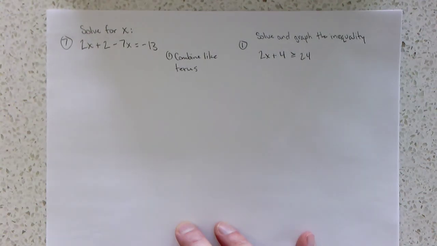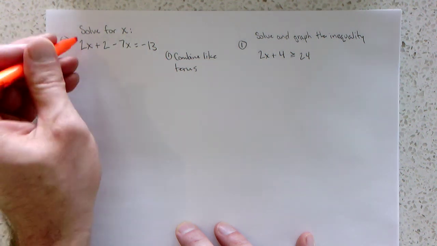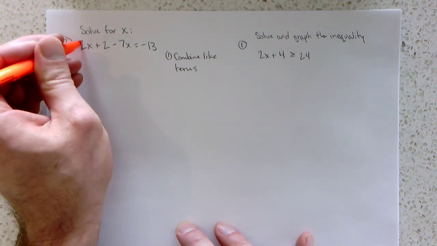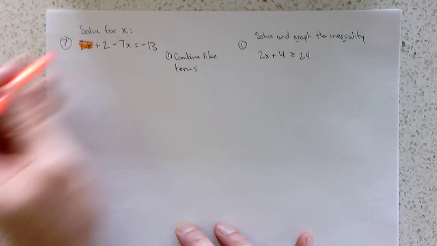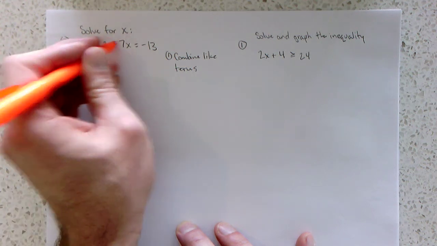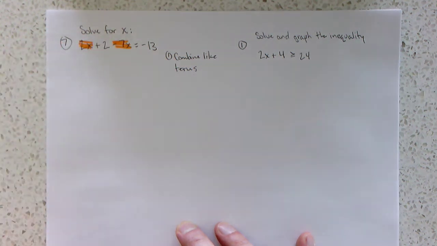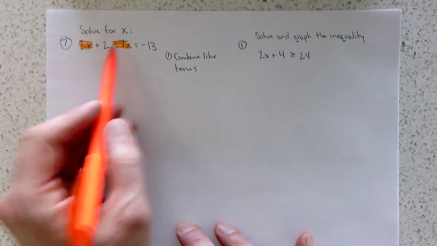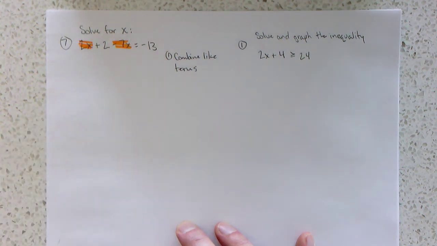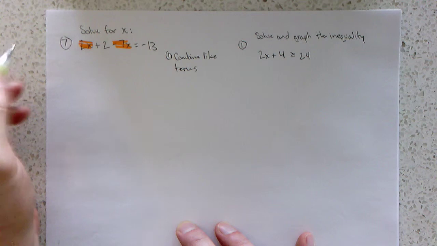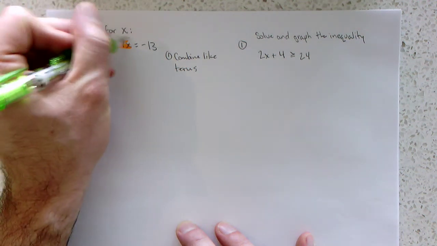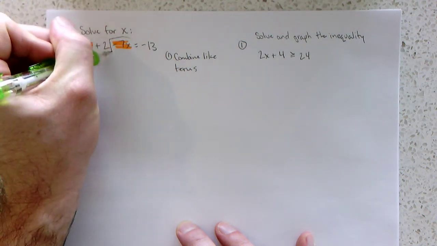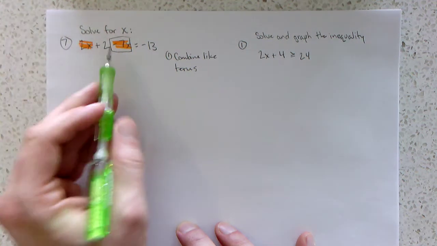So when I see like terms, again, I'm looking for any term that is the same. So my 2x and my negative 7x both have an x with it, and so I can actually combine those two. Now I want to remember on my 7x here, I need to include the negative sign.